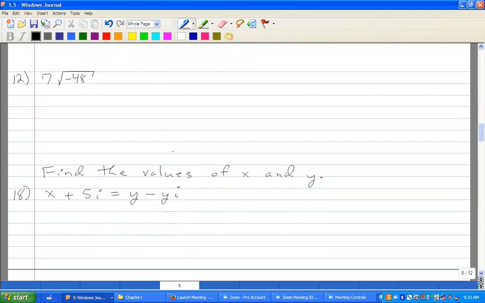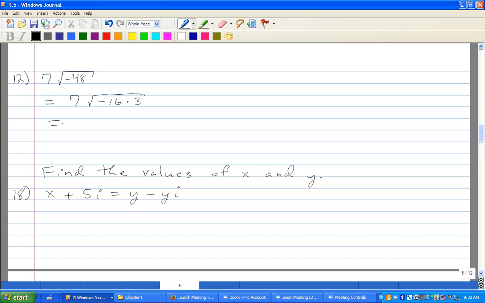And so I want to simplify 7 times the square root of -48. Just like before, I want to write this as the largest perfect square factor times the other factor. So let's write -48 as -16 times 3.